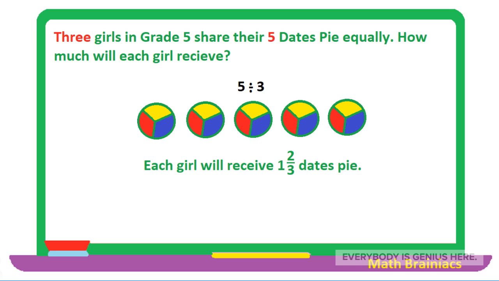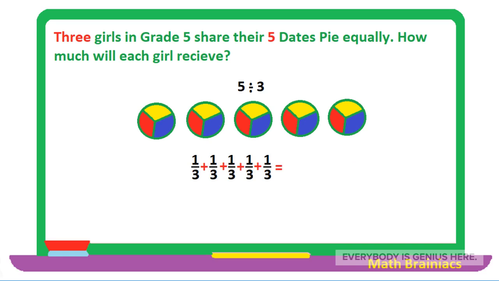If you count the parts that we are going to give to each girl, they will receive 1 2/3 dates pie. You can see that in each pie, 1 girl will have 1/3. Therefore, we are going to add 1/3 five times so that we will know how much each girl will receive.